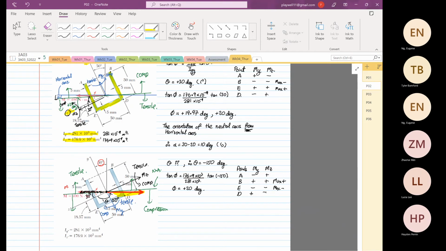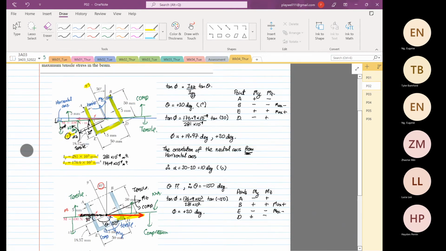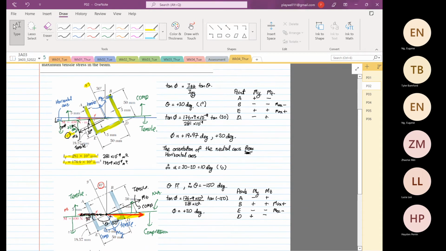Any questions so far? Are you okay? Anything that you all want me to clarify? Okay, I don't hear anything. So any question regarding bending moment? I'm not saying that this is the most difficult one, but I don't think the homework has enough examples on this.